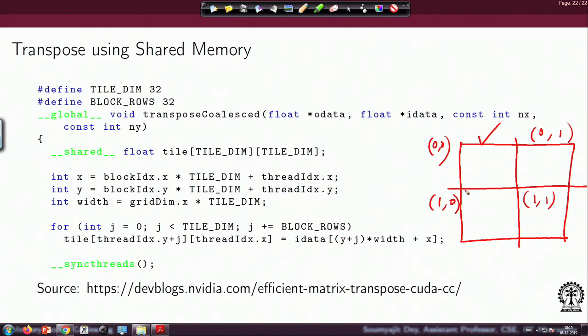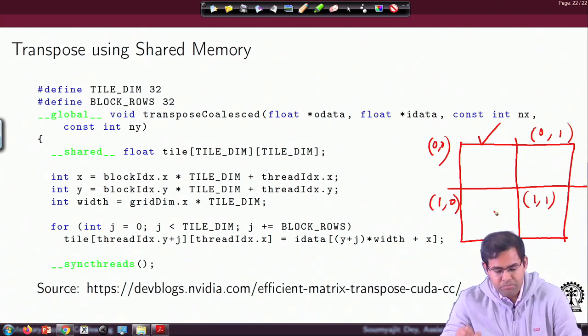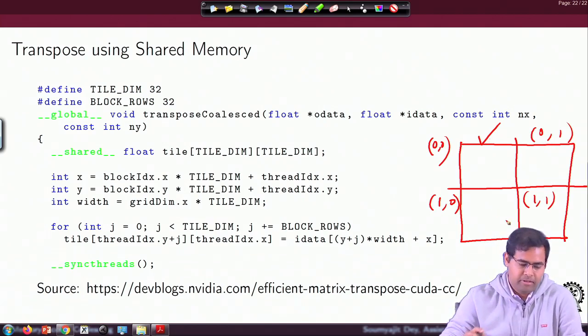It's a 2D representation here, and so the overall width is given by the grid dimension in the x direction, that is, the number of blocks in the x direction times the tile dimension, which is obvious here, right. So essentially that would be 32 cross 2, and the width essentially is 64 for this simplistic example I have taken here, right.